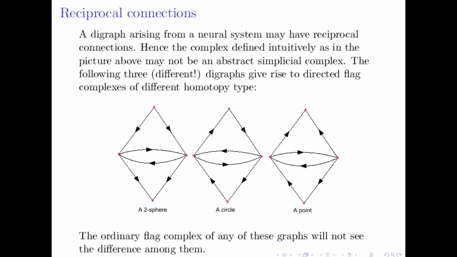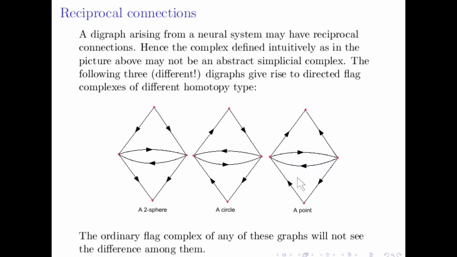But when you think about it in this way, then what you get is the following. This guy here will have a circle in here. All of them will have a circle as the thing in the middle. But this will realize a two-sphere. I'm talking about homotopy type here, not about geometry. As a homotopy type, it is not difficult to see that this is going to be a circle.